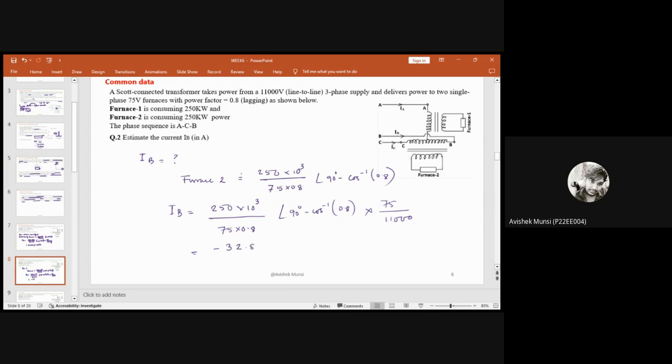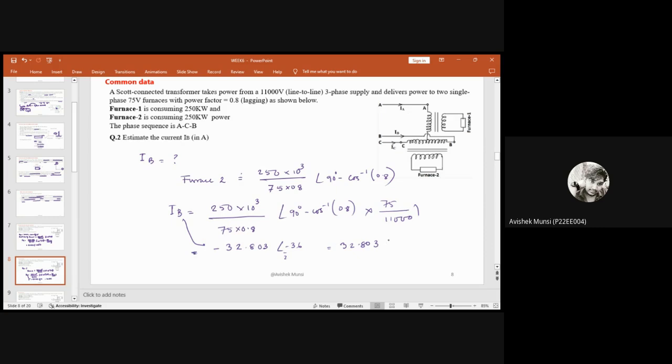So it is around 32.803 at an angle of minus 36.86 by 2. So finally we will get the answer. The magnitude will remain the same. We have to subtract this one. The IB should be this total term minus this.